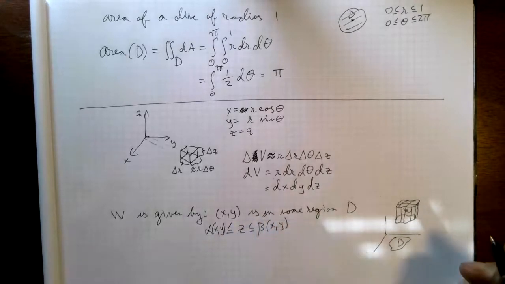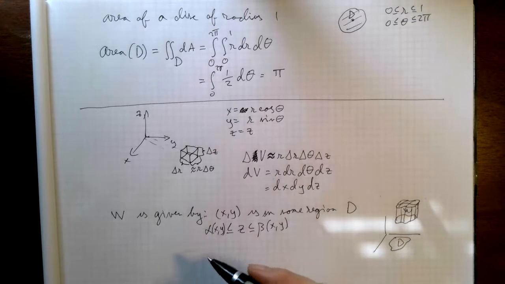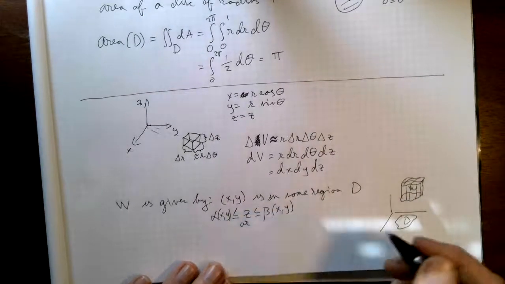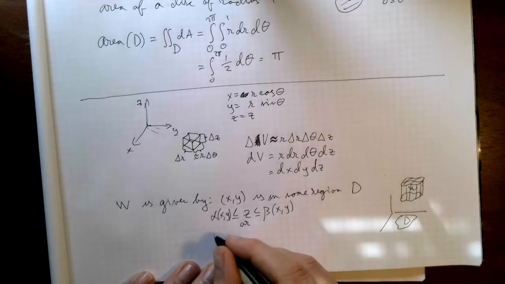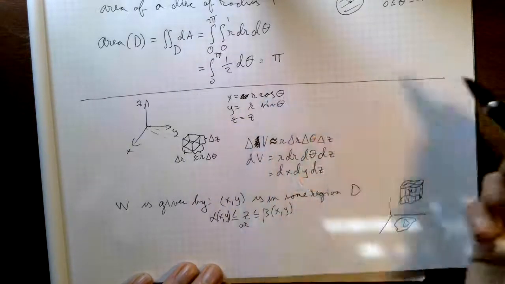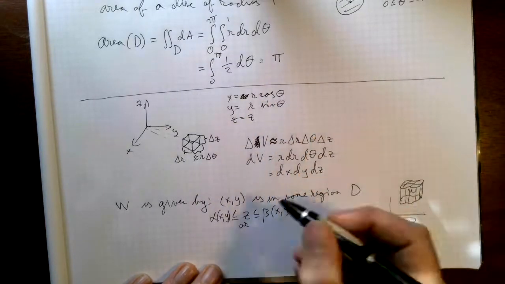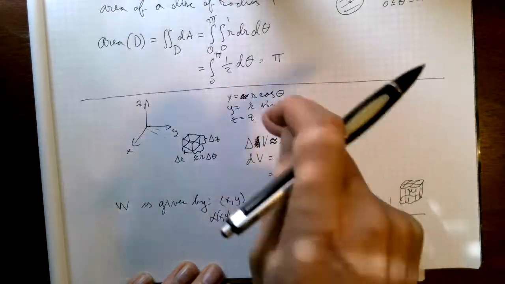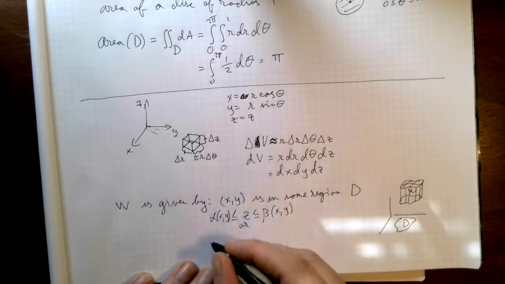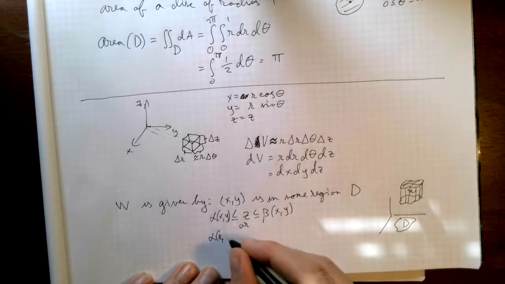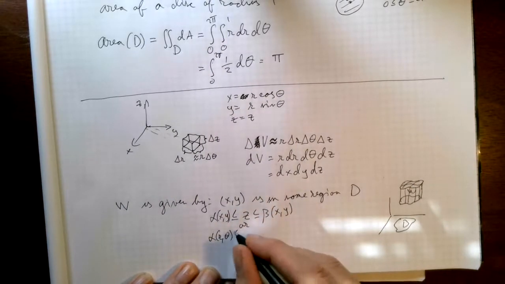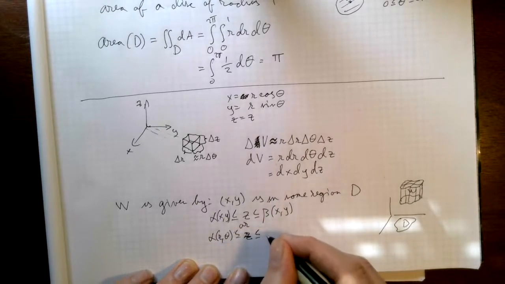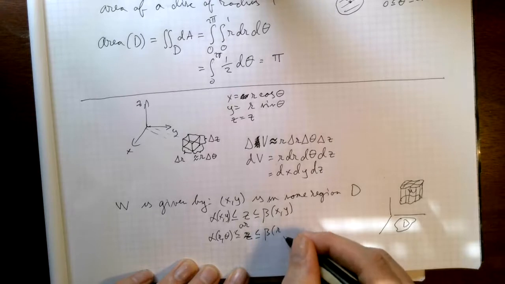right? Now these could be given in x and y, or maybe if we're in cylindrical coordinates, maybe it's alpha of r, theta, z, beta of r, theta, right?